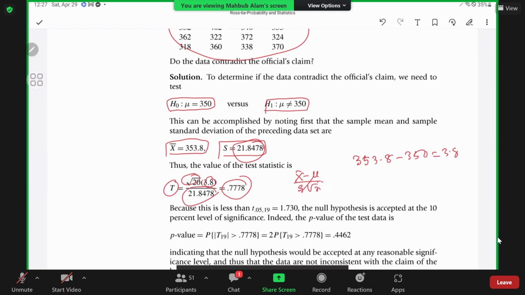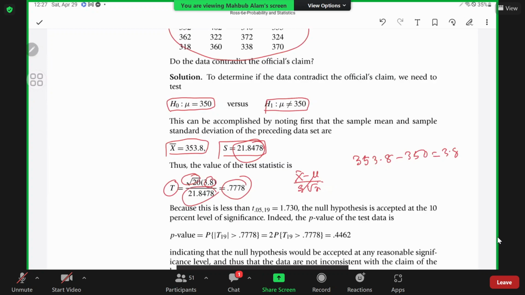Our test statistic is this one with chi-square distribution, and we just compare it. The chi-square distribution has a curve like this. Here it is 0 and it goes to the positive values. We have this point, which is chi-square alpha by 2 n minus 1, this area, and here another point, which is chi-square 1 minus alpha by 2 n minus 1.